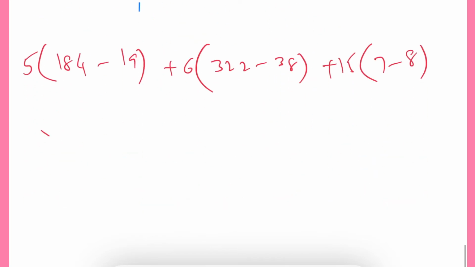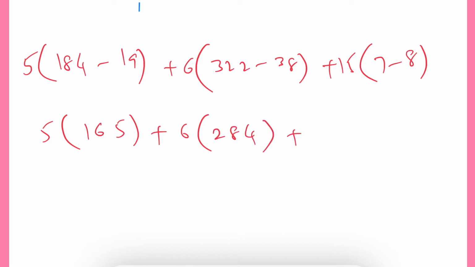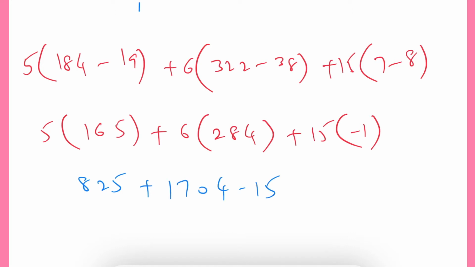Okay, now if we simplify this further, 5 times 184 minus 19 is 165, plus 6 times 322 minus 38, 284, plus 15 times 7 minus 8, minus 1. So next, 5 into 165, it is 825, plus 6 into 284, 1704, plus 15 into minus 1, minus 15.